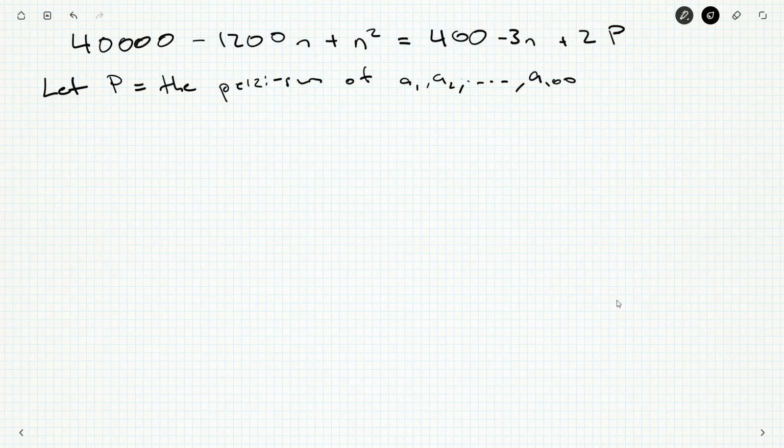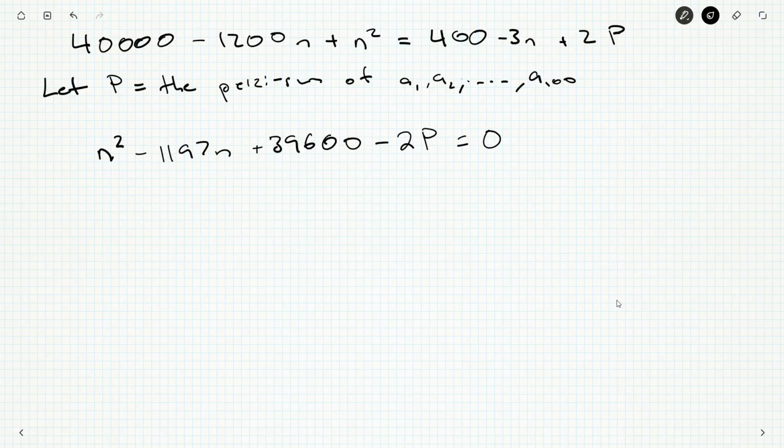Okay, let's do some rearranging. So n squared. We bring the 3n over, which is laughable, and again makes me think that I've done something a little wrong. Plus, subtract off 400 here, so we'll get 39600 minus twice the pairwise sum is equal to 0.